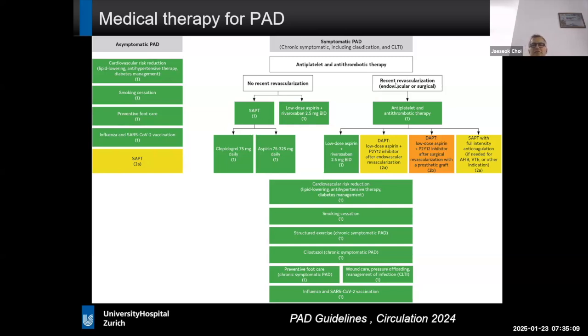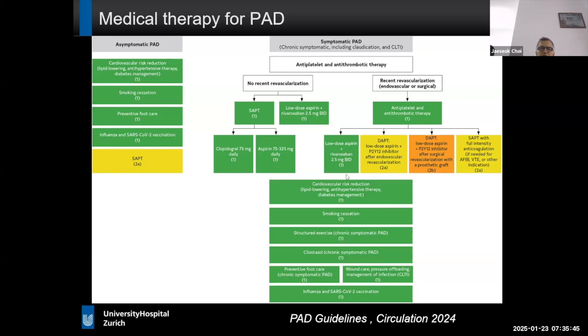So after revascularization, currently the combination of low dose aspirin, 100 milligrams or so, with, as you may know from the VOYAGER study, which was published last year, rivaroxaban, which is 2.5 milligrams twice per day. That combination had a good long-term result, particularly in terms of other cardiovascular risks like heart infarction and so on.